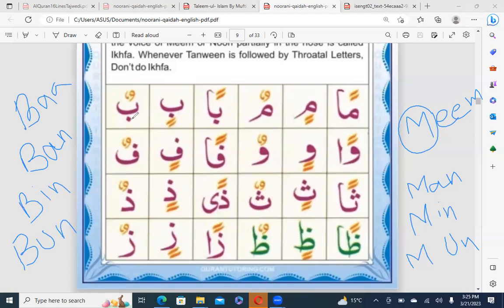And if after the tanween one of the six letters of the throat comes, then we will not do ghunna. Ghunna means hiding the voice of the noon or meem in the nose for a while. Okay, so for example, ba two fatha, ban.